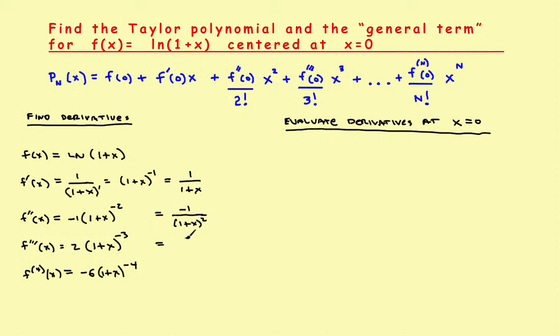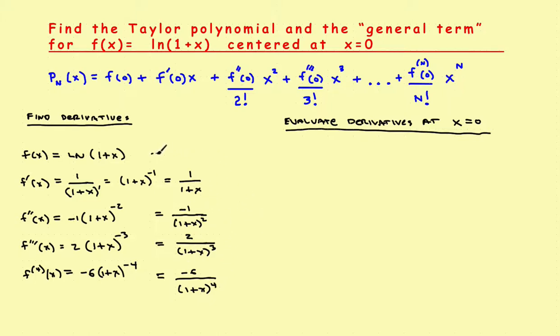And then this one would be 2 over 1 plus x cubed. And then finally this last one would be negative 6 over 1 plus x to the 4th power. So now I've got them in a form that just makes them easy to evaluate.